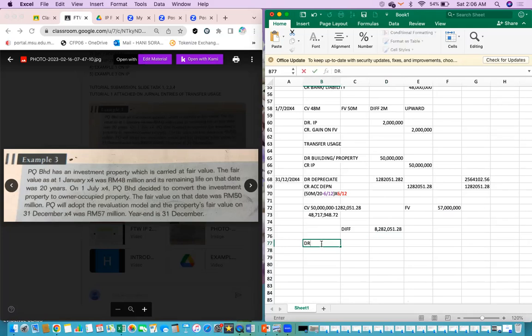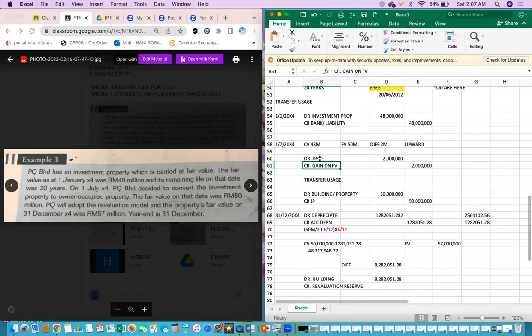So we're going to debit the difference to building, because the value of the building increased, and then we are going to credit RR, revaluation reserve. RR means revaluation reserve. Okay, IP means investment property.